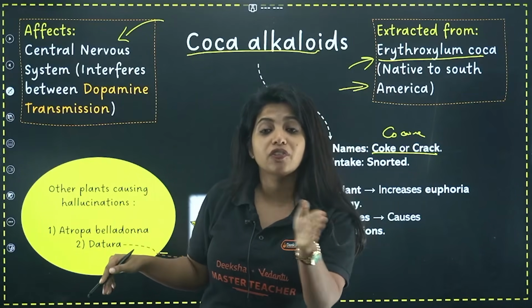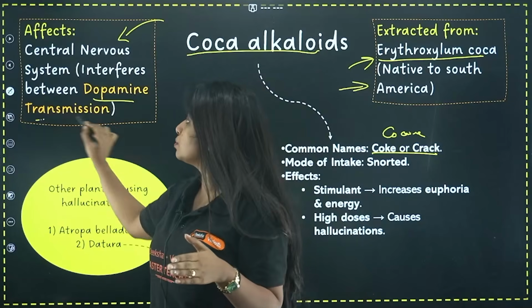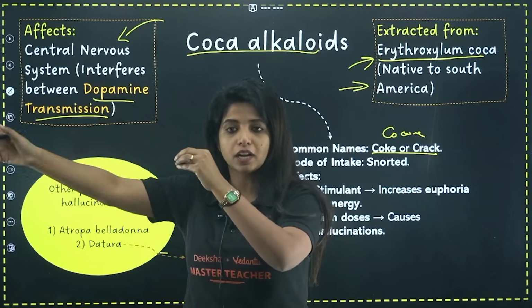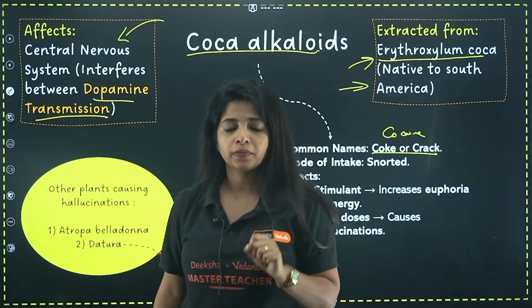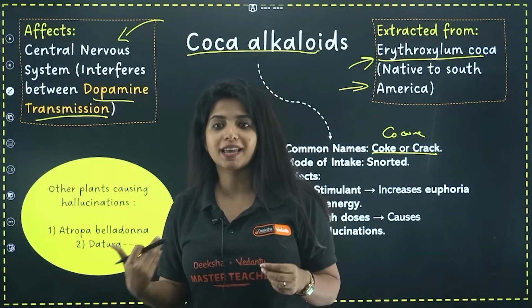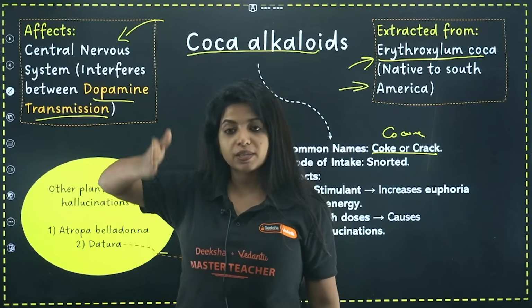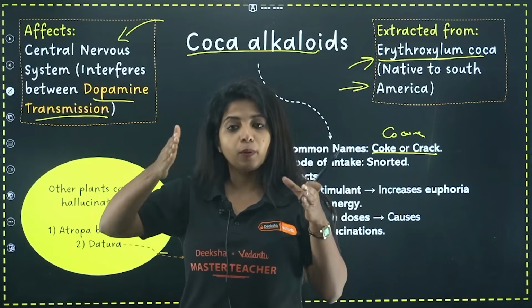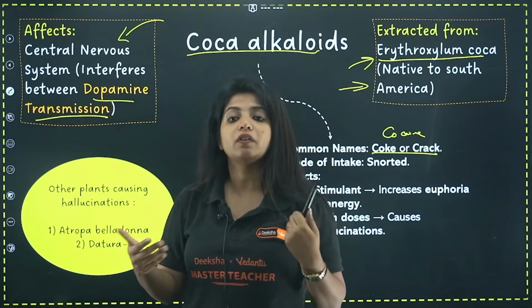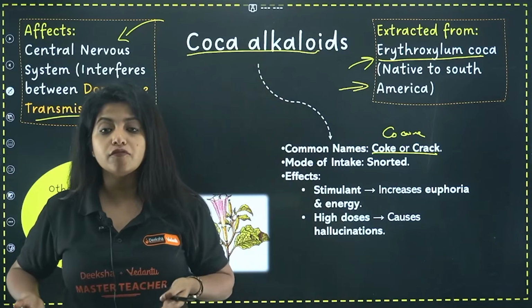They are going to interfere with dopamine transmission. You know, dopamine is released from one neuron, goes to the other neuron and transmits the signal. It's a neurotransmitter, and it usually brings happiness. Now suppose the receptors are being blocked such that the dopamine secretion keeps going on. Eventually we will get a sense of euphoria.